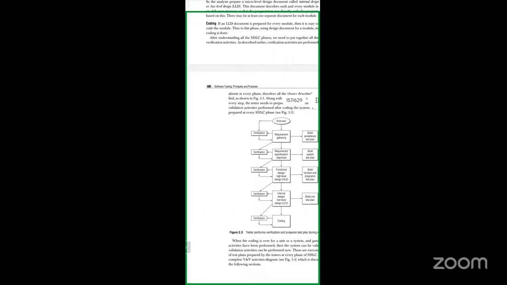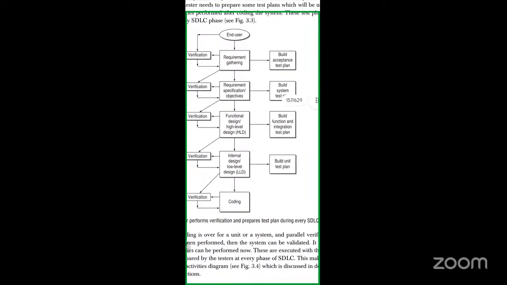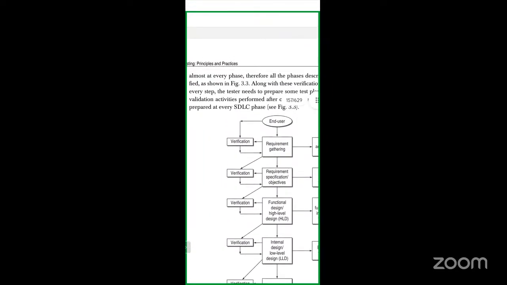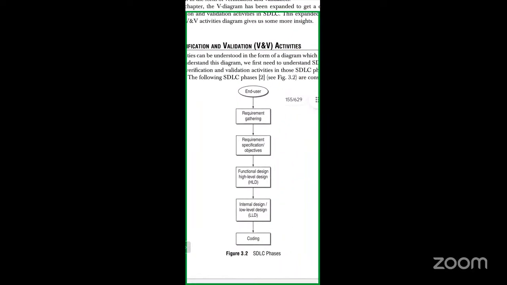And we have one more picture which shows the tester performing verification and preparing the test plan during every SDLC phase. How the tester is going to perform the various aspects is there in this second figure. Coming to the first figure, we have our SDLC phases. The user comes to a company or an organization and states all the requirements he needs for the development of a project or product.